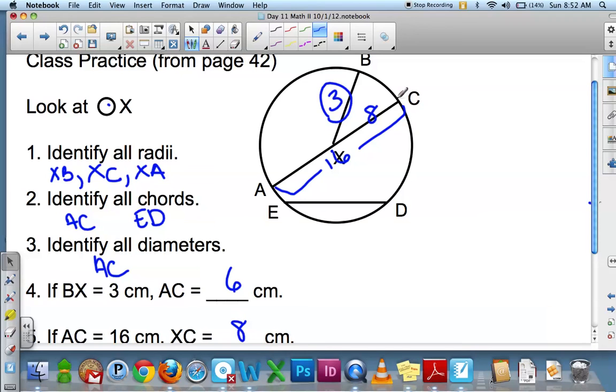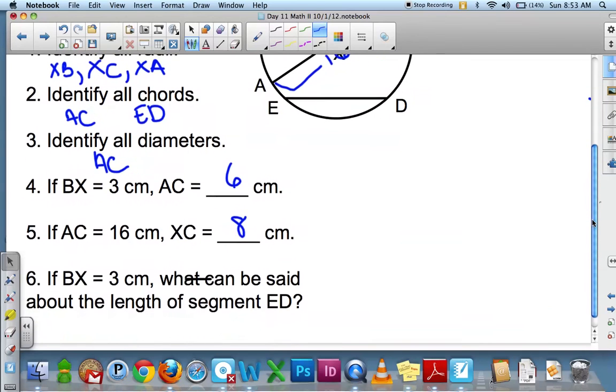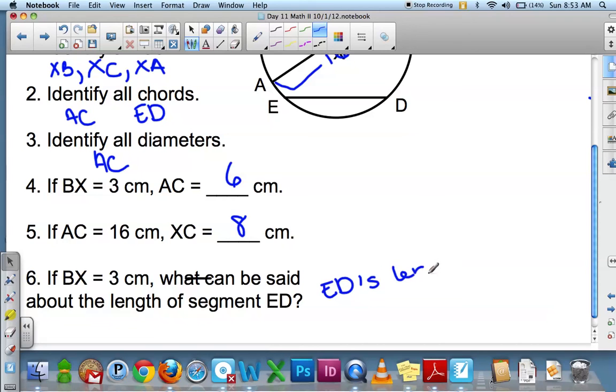And if the longest chord is a diameter, then ED has to be less than 6. So we can say that ED's length is less than 6 centimeters. Most likely longer than 3, but we can at least for sure say it's going to be less than 6.